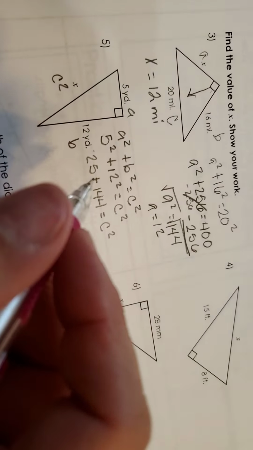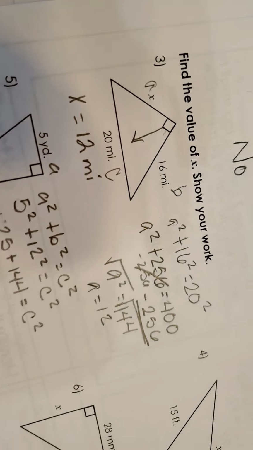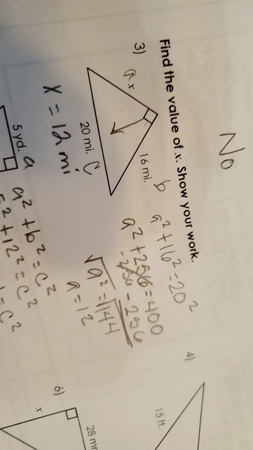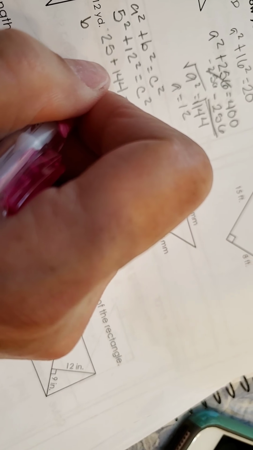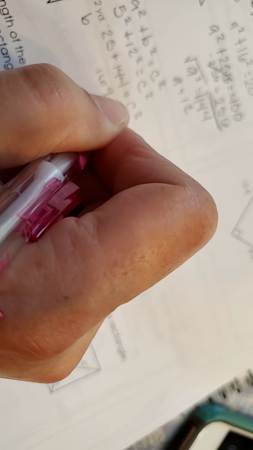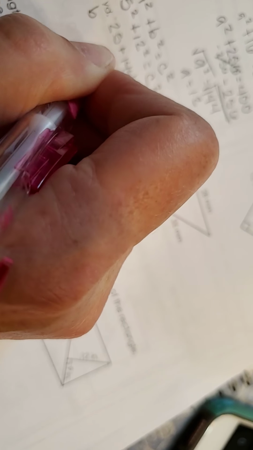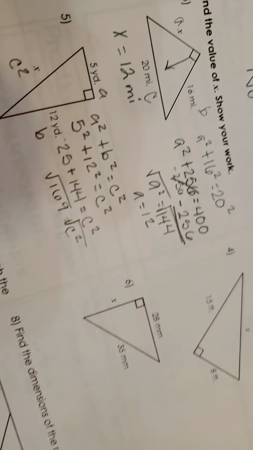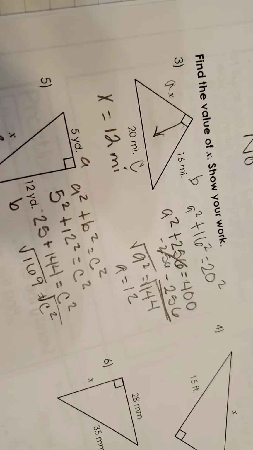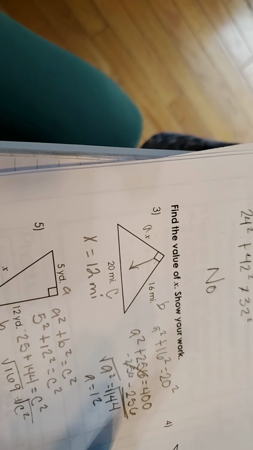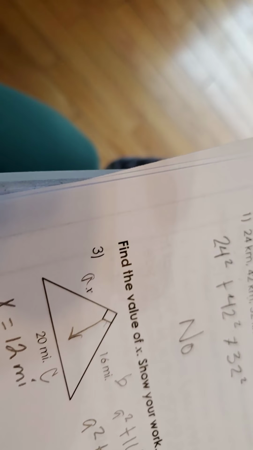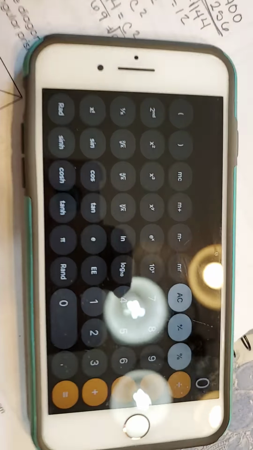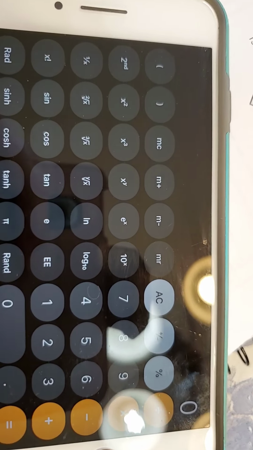Okay, so we have 144 plus 25, which is 169, equals c squared. So the square root of 169 is what we're looking for. And so I'm going to turn this calculator sideways, and I'm going to find out what the square root of 169 is. Maybe you guys have this kind of a deal.